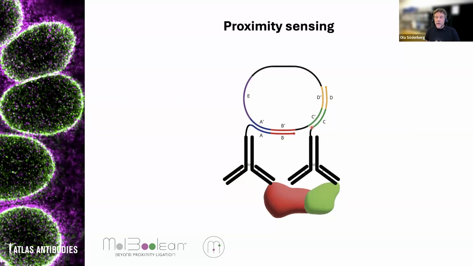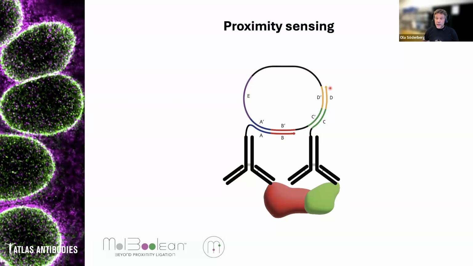In the next step, we utilize this circle as a way to amplify a signal. Once we have created this circle, we can add a DNA polymerase, phi29 DNA polymerase, that will start replicating the circle. You end up with one long single-stranded molecule that consists of repetitive elements complementary to the circle.